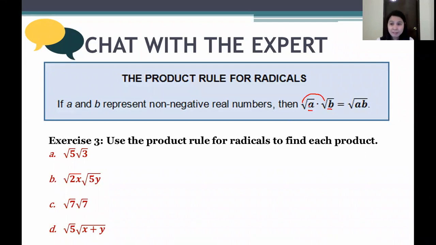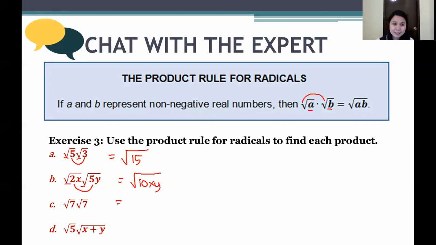But if they don't have the same index, you could not multiply the radicand, okay? Example, same index, multiply the radicand. Square root of 15. Same index, you multiply the radicand. That is, copy the radicand. 2 times 5 is 10 x, y.